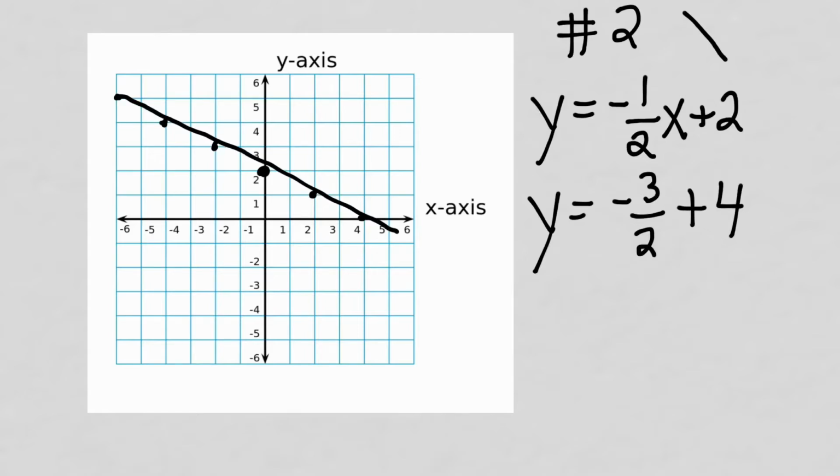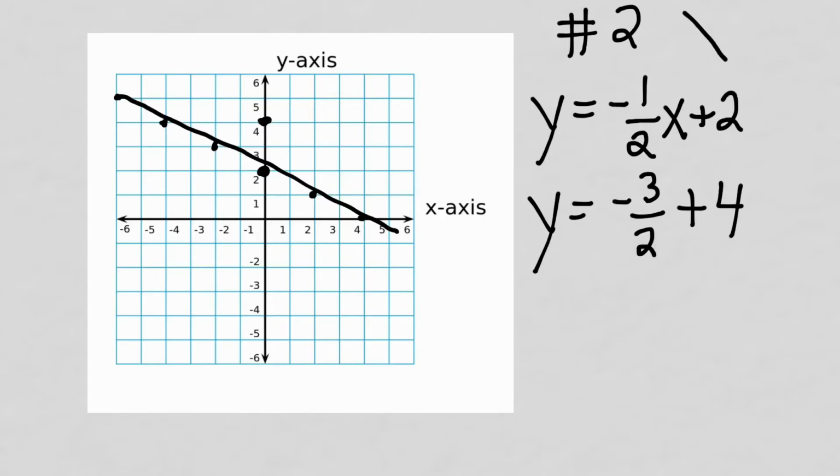Let's do the second one. I get y equals negative 3/2 x plus 4. First thing I want to do is go to my y-intercept. There's my plus 4. Rise of 3, run of 2, and I know that it's going to be in the negative direction.